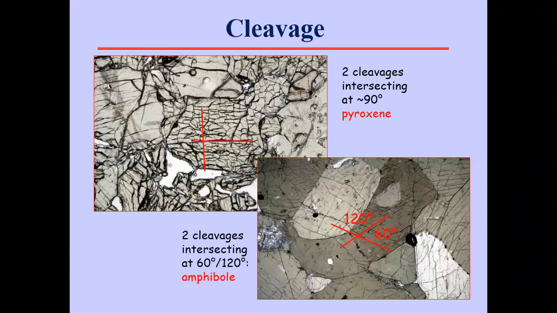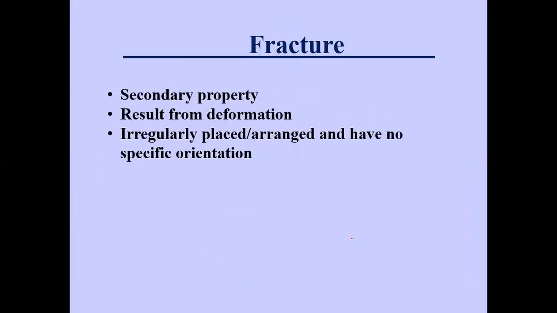They intersect each other at 90 degree. जबकि amphibole में जो cleavages होते हैं, they intersect at 60 to 120 degree. इसमें एक दूसरे के परपेंडिकुलर होते हैं पैरोक्सीन में, और इसमें एक दूसरे के साथ इंक्लाइंड होते, परपेंडिकुलर नहीं होते. 60 to 120 डिग्री बनाते इंटरसेक्शन डिग्री जो उनकी.